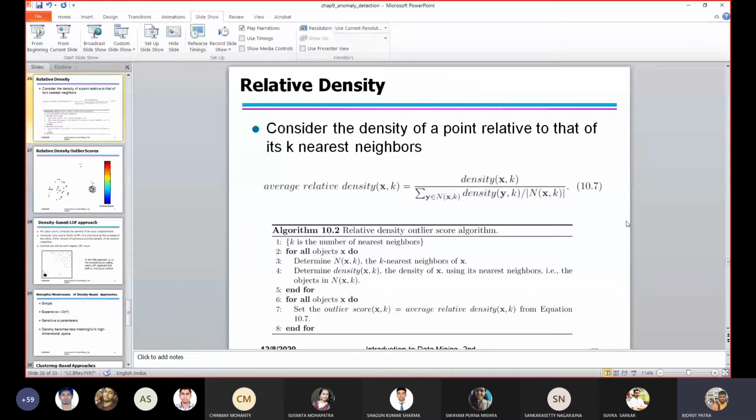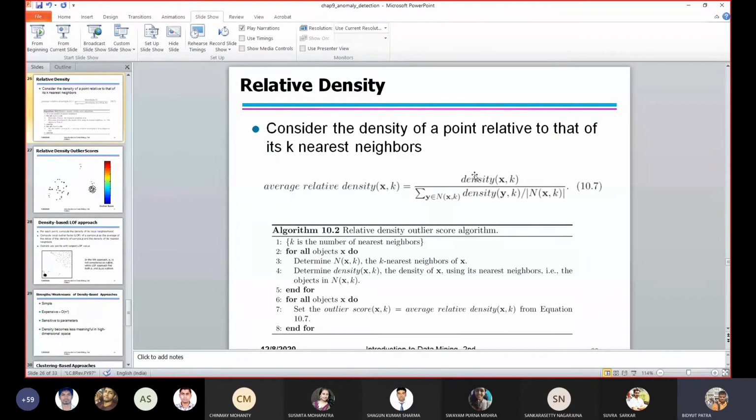So another example is to consider the density of a point relative to that of its k nearest neighbors. What you do is find the density and then take the average of the density of the neighbors, with k as the k nearest neighbors. So this gives the average relative density of the point x with respect to the parameter k.